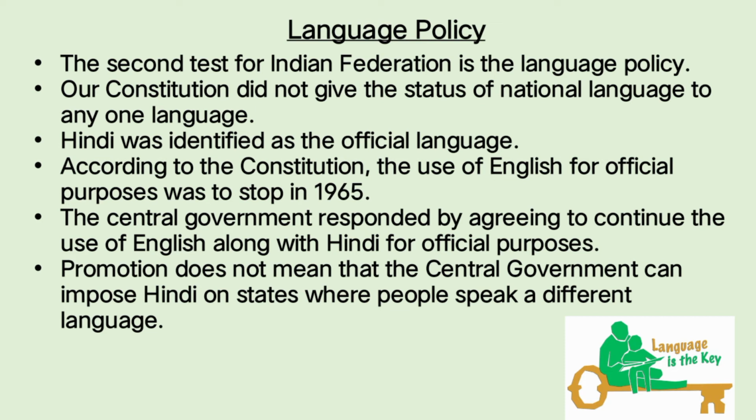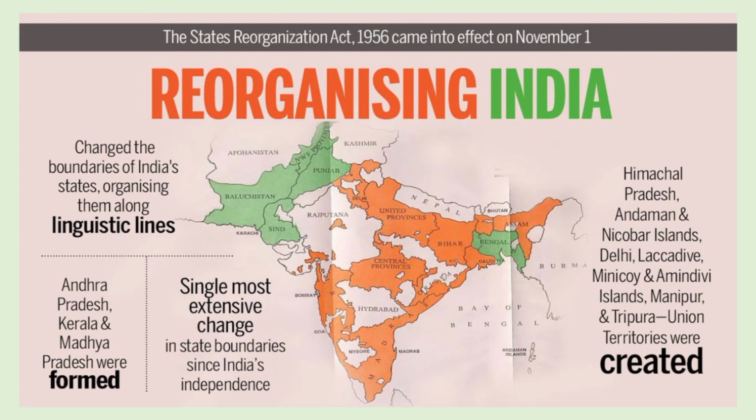The South Indian states especially felt this, and the central government responded by agreeing to continue the use of English along with Hindi for official purposes. Promotion does not mean that the central government can impose Hindi on states where people speak a different language. People should feel comfortable to express.